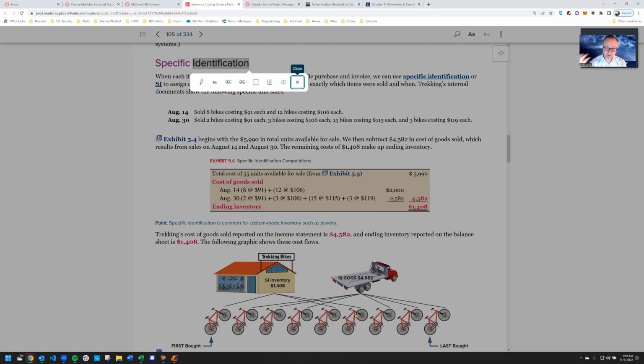Now they use bikes as an example. I tend to think of this as like cars, right? Or trucks, or big pieces of equipment that cost a lot of money that have a serial number behind them. So typically I'll do it that way, or you might find these in batches of materials. So let's say it's a batch of items that cost a very specific number, but they're usually bigger dollar values.